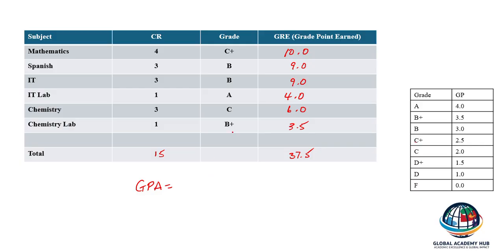It's going to be my total grade point earned, which is 37.5, divided by the number of credit hours, which is 15, and that's going to give me 2.5. This is my GPA. Again, I can go back and see what that really means. This is a C plus average, if I wanted to convert it back to a letter grade. But for my grade point average, it's a 2.5.